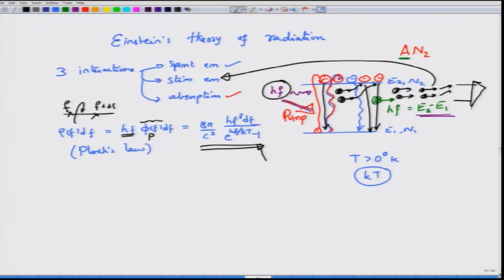So, now as the pump photons are incident onto the material causing the absorption to take place, what would be the rate at which the population density in the two levels change? Remember, in the 0 degree Kelvin case, when there are no external energies, all of the atoms are in the energy level E1 itself, none of them are in the energy level E2.